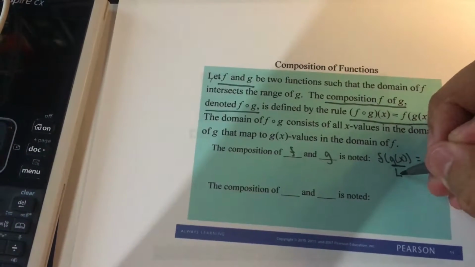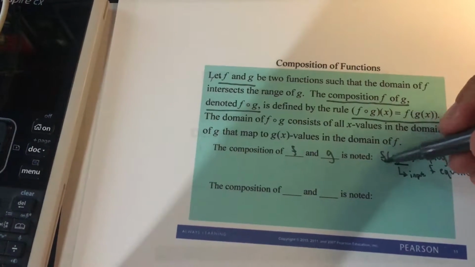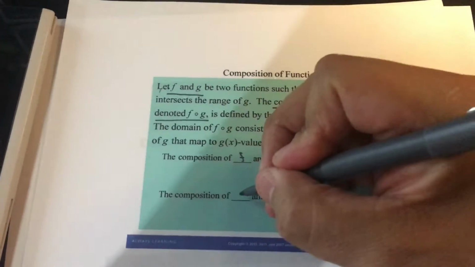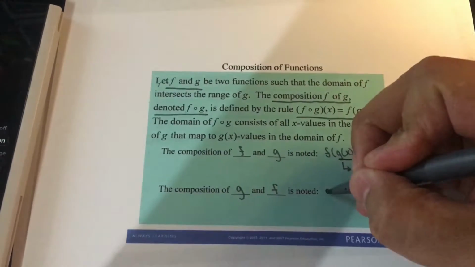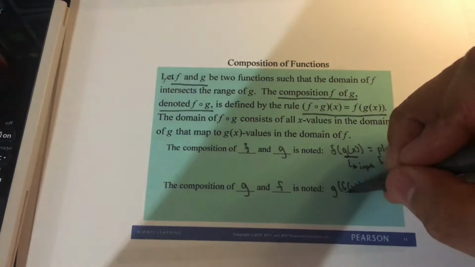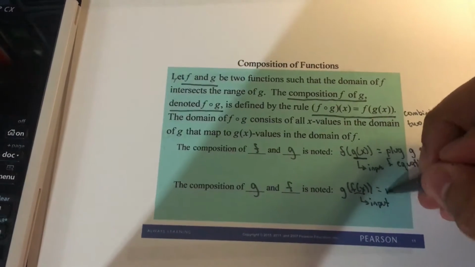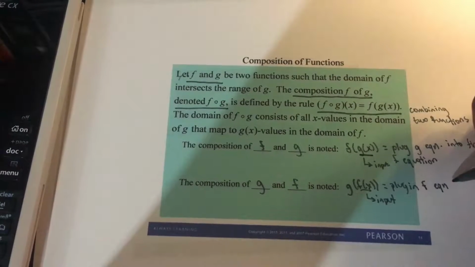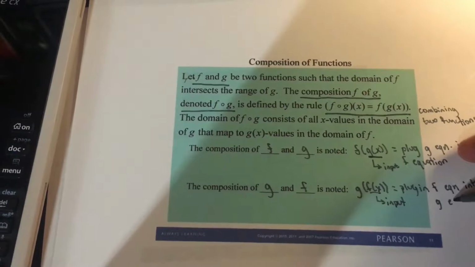This is my input, and my output would be whatever the F equation is after I plug it in. The opposite, G of F of X, means this is my input, and I'm going to plug the F equation into the G equation.